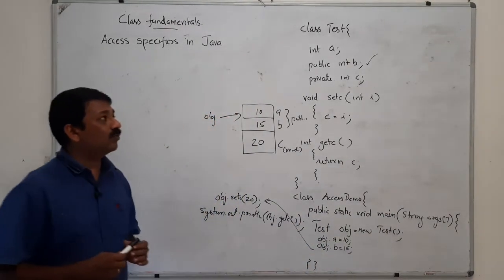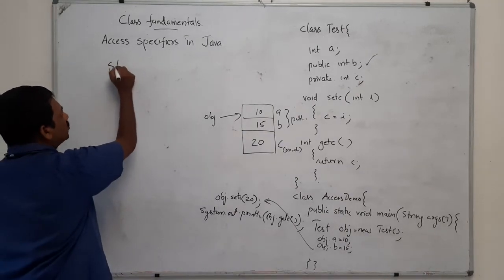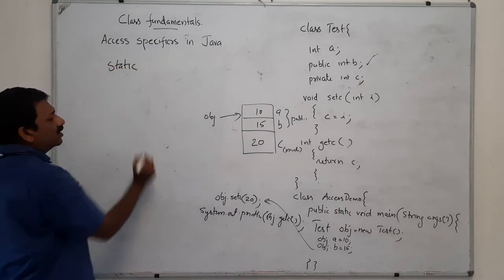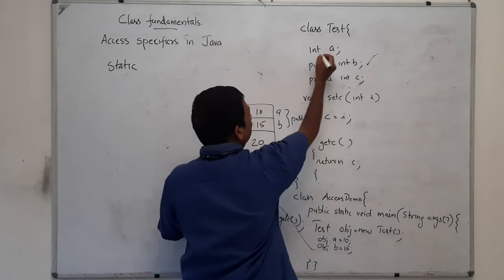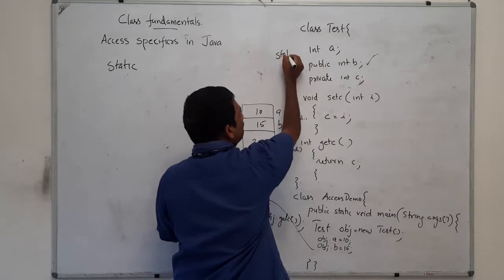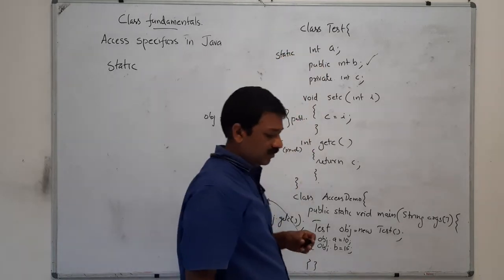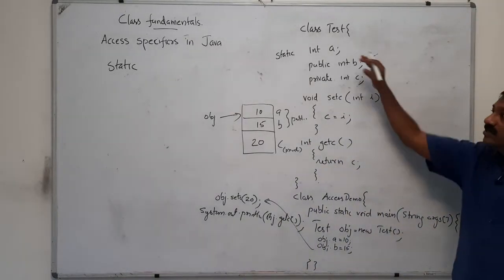And now, what do you mean by a static function? Static is also another access specifier. If I am having a static integer variable, this is called a class variable.